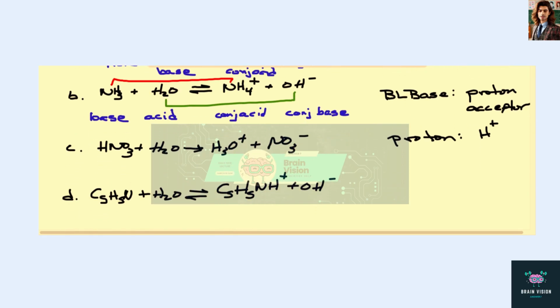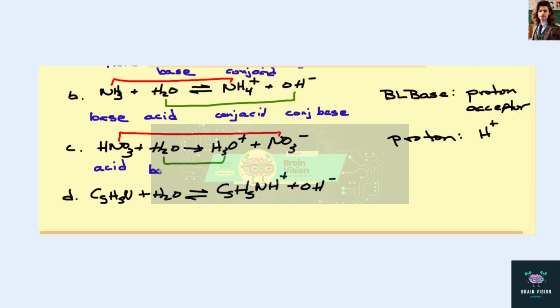If we go to the third set, we have HNO3 and NO3 minus as a pair, water and H3O plus as a pair. Now we take a look. HNO3 has an extra H compared to NO3 minus. That makes it the acid. H2O has one fewer H than H3O plus.